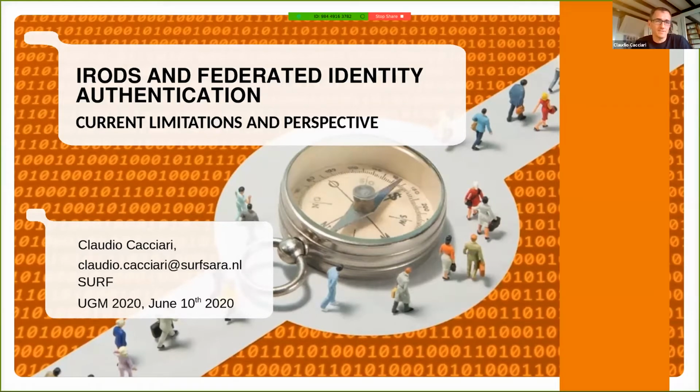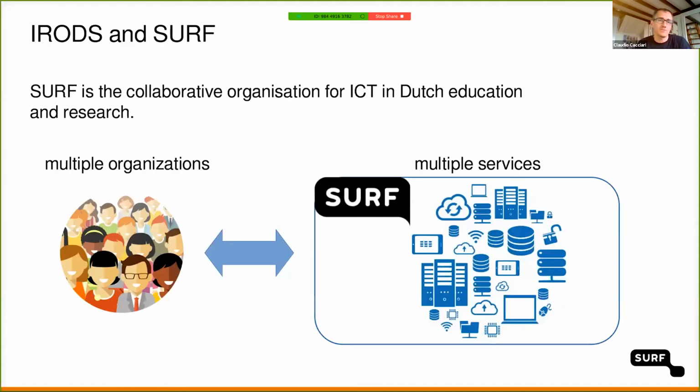Hi, yes, this is my topic for today, and I'm working at SURF, as Jason said. Let me change my slide. So SURF is a collaborative organization for ICT in Dutch education and research, and offers multiple computing and data services to multiple organizations, both members and non-members of the SURF consortium.